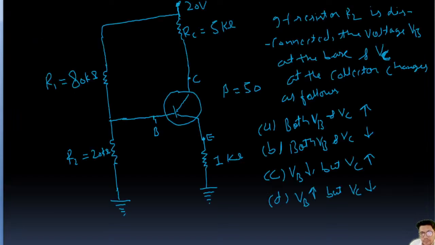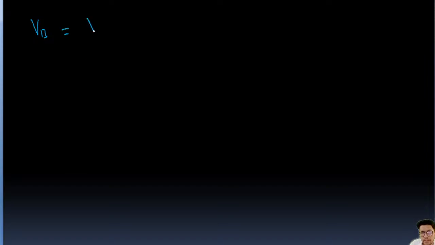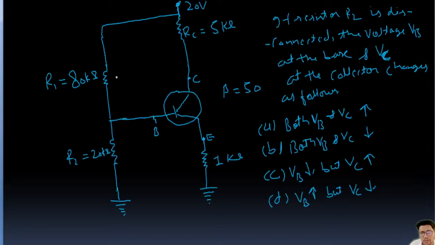Okay, so here first we'll find the value of VB. By the voltage divider rule, what is going to be VB? VB equals VCC times R2 upon R1 plus R2, okay.